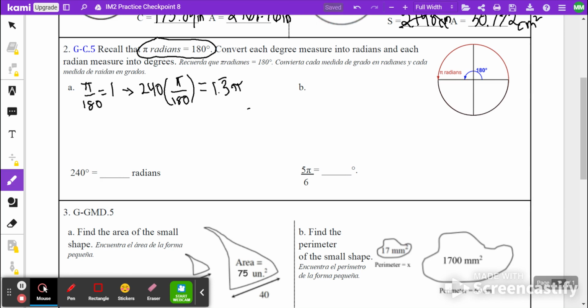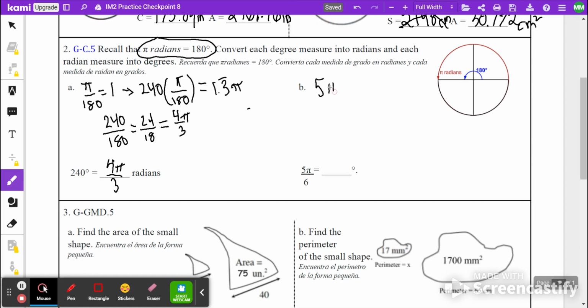So let me reduce the fraction 240 over 180 by hand. I'll divide top and bottom by 10, which is 24 over 18. I'll divide top and bottom by 6, which is 4/3. So usually you would write this as 4 pi over 3. I'll take either answer, but I prefer 4 pi over 3 radians.